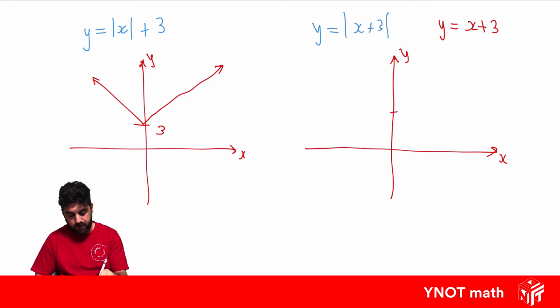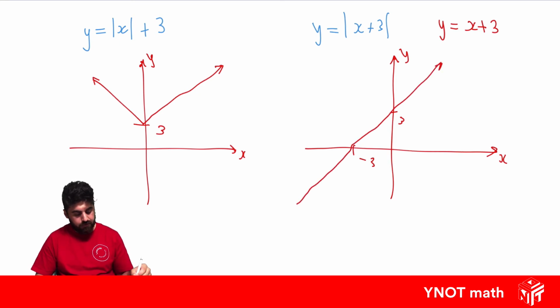That has a y-intercept of 3 and an x-intercept of minus 3, and we'd get something like that. And because that entire graph is wrapped in an absolute value, anything below the x-axis gets reflected about the x-axis. So all that part down there gets reflected up, and we get that. And now we can remove the part below the x-axis.